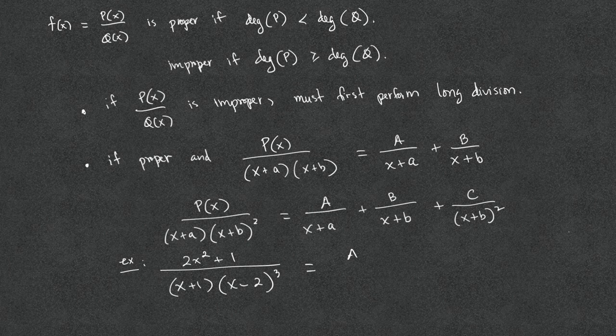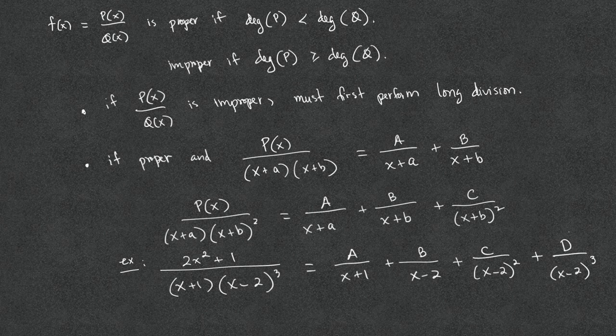For example, (2x^2 + 1)/((x+1)(x-2)^3) = A/(x+1) + B/(x-2) + C/(x-2)^2 + D/(x-2)^3. There are three factors of x - 2. We would need three rational terms with x - 2 in the denominators.